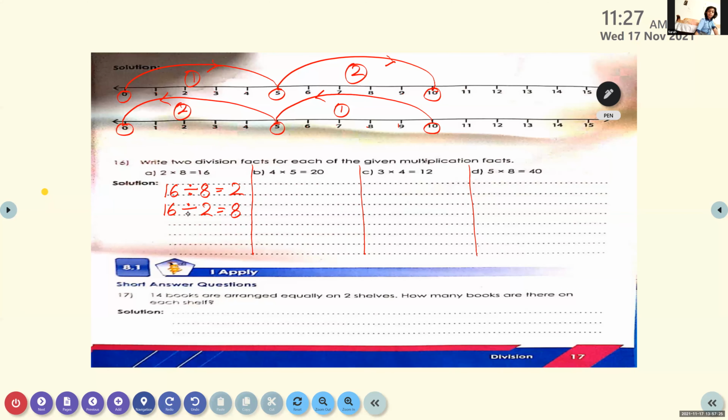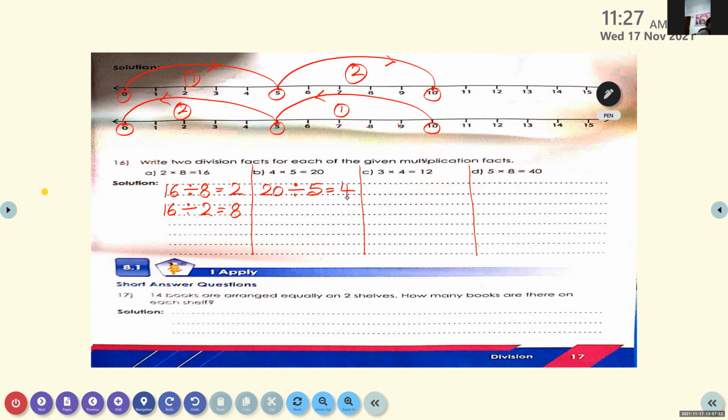Good. First one is over. Now we are moving to the second one. Heaven Rose. Yes, ma'am. For the second one, form 1 division fact. 20 divided by 5 is equal to 4. Yes. Okay, good.